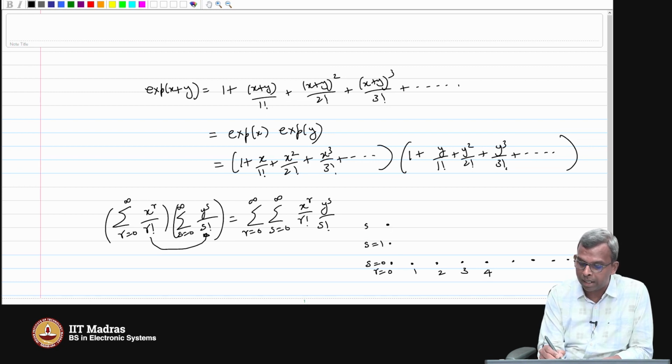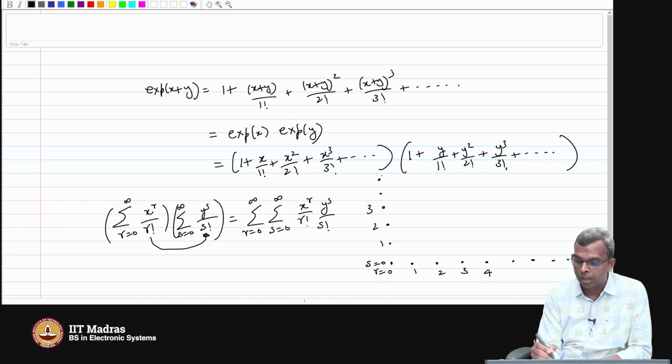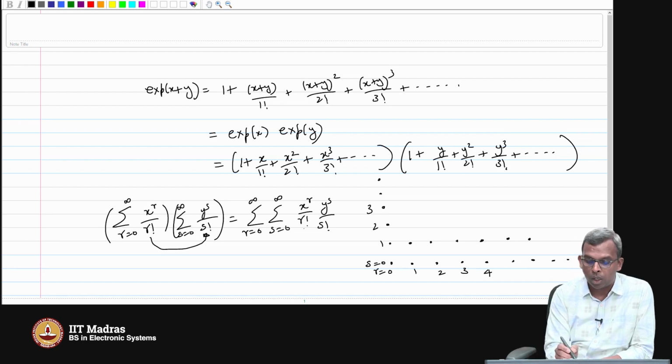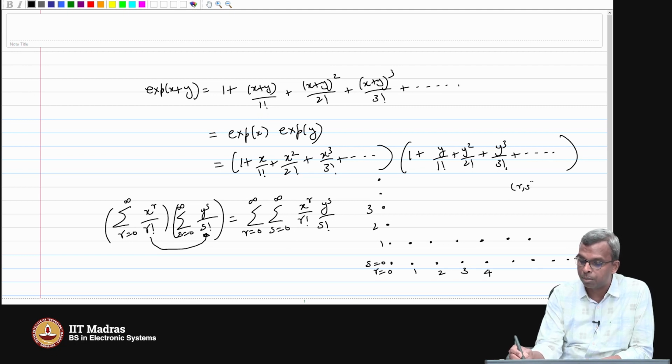So this is like the xy axis. It keeps on going. So this point will be 1, 1, this point will be 2, 1, this point will be 3, 1, right? So every point here corresponds to one particular value of r and s. Okay, so this is the r, s grid.